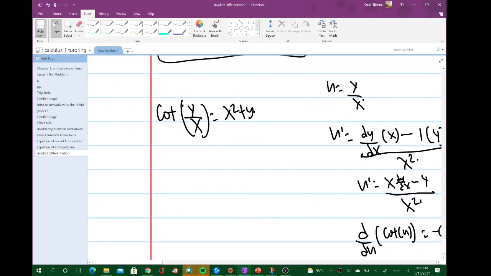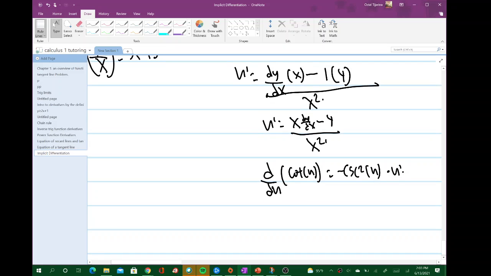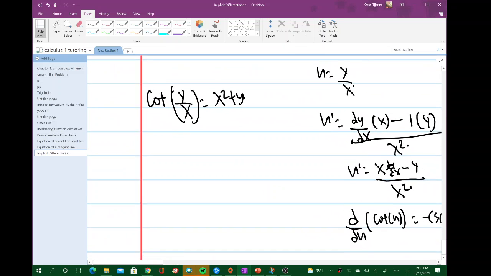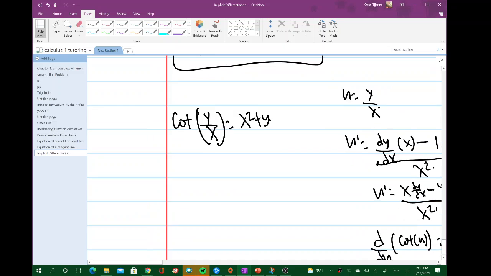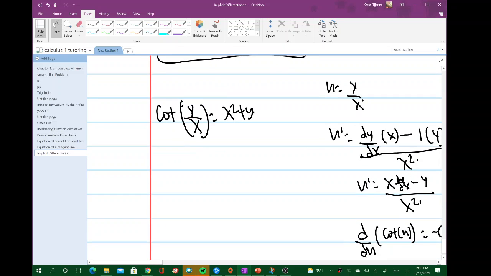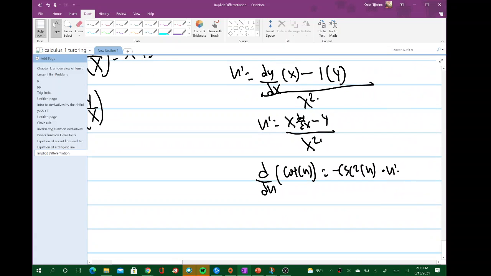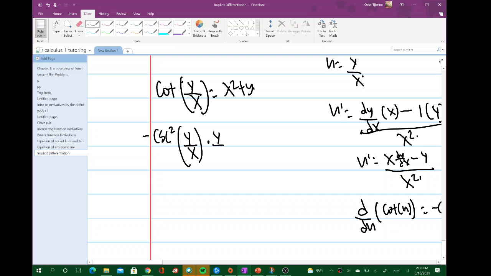So this is going to be negative cosecant squared of y over x times y over x prime, which is equal to 2x plus dy dx, right?